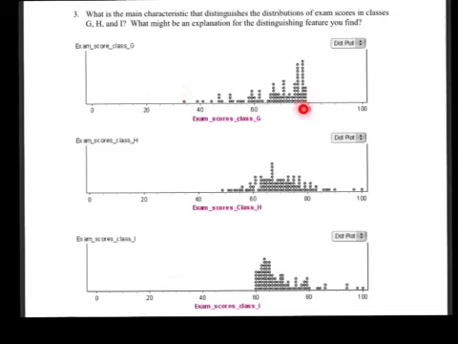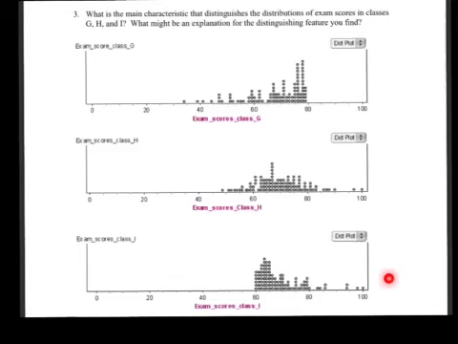A lot of the class did pretty well, got 80s on this exam, or close to 80. Over here in class H, we have a bell-shaped distribution going on with our center around 70. Okay, we've got some people who did really well out there. And then over here in class I, we have a right tail, so we have a right skewed distribution.